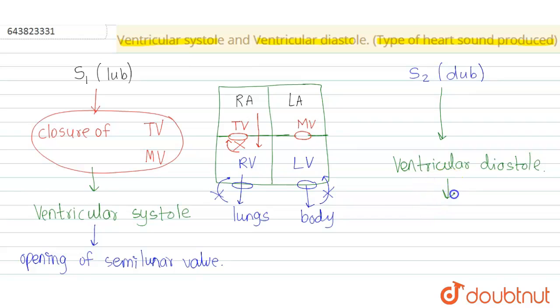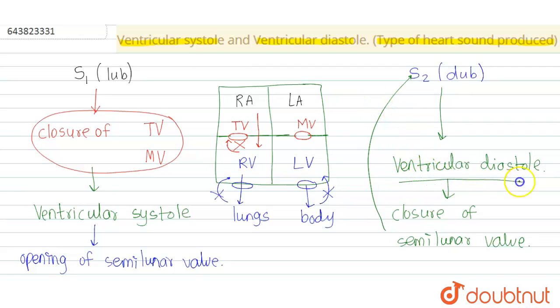So during ventricular diastole, there is closure of the semilunar valves, and whenever there is closure of the semilunar valves, there is a sound, and this sound is called the S2 sound, which is heard as dub. So during ventricular diastole, which sound are we hearing? We are hearing S2.